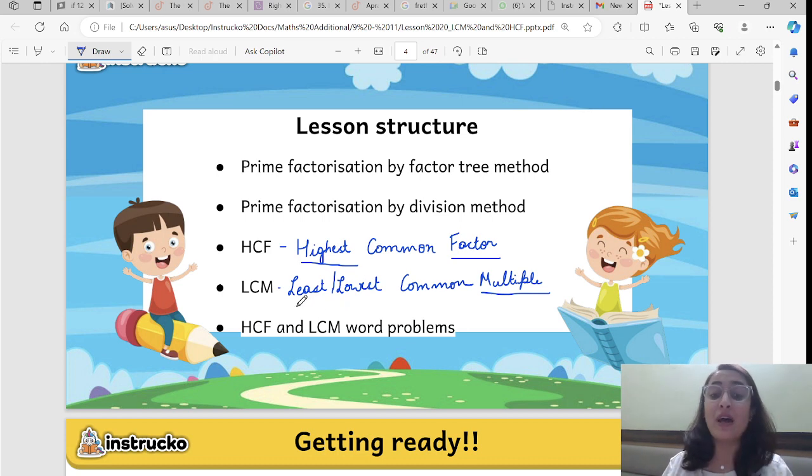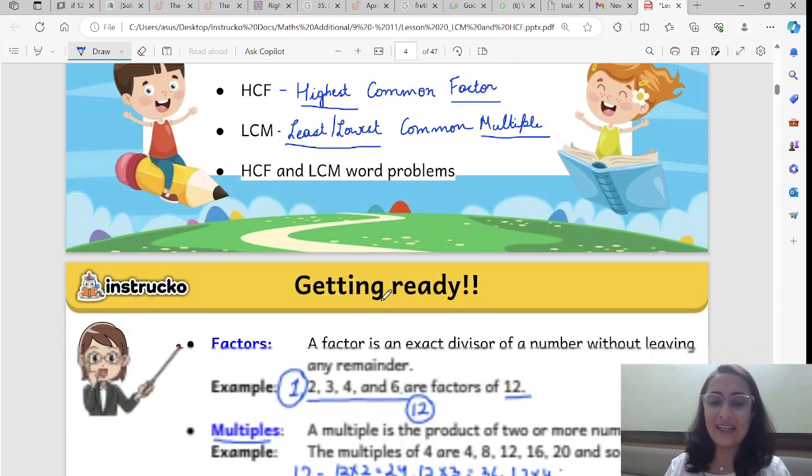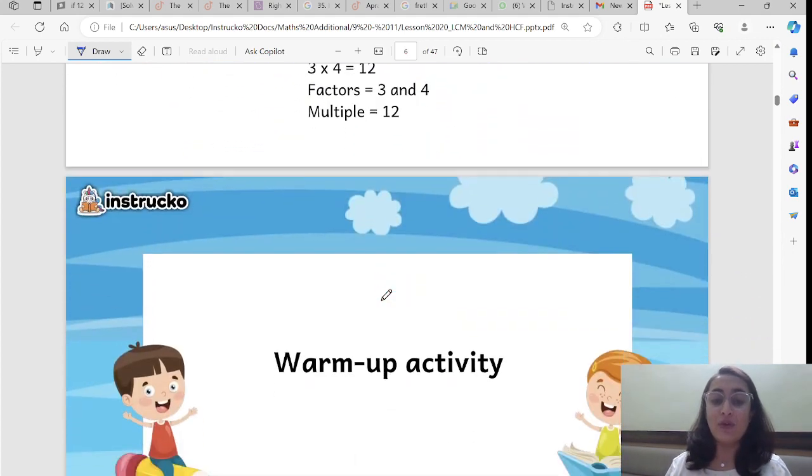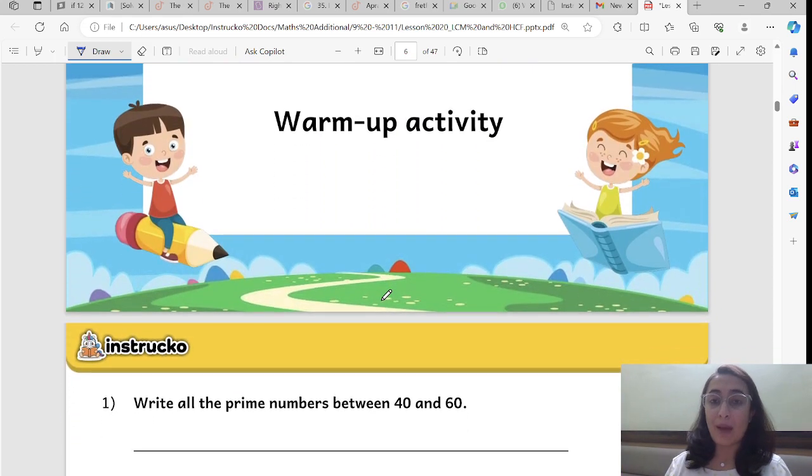But in the case of multiples, we calculate the least or the lowest multiple, because we cannot calculate the highest multiple. The numbers are infinite, so the multiples of any number are also infinite. Okay, now let's move to the warm up activity of this chapter.